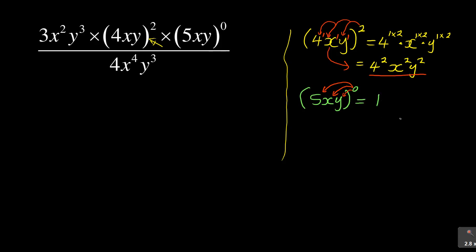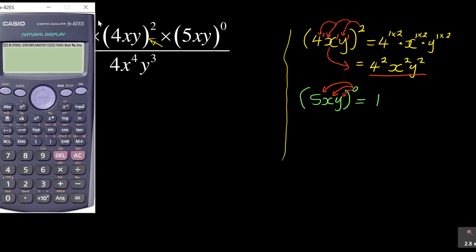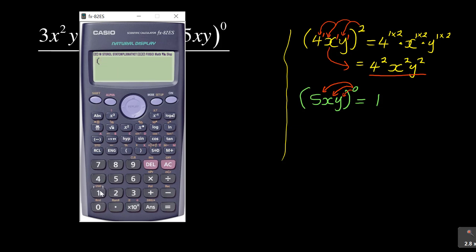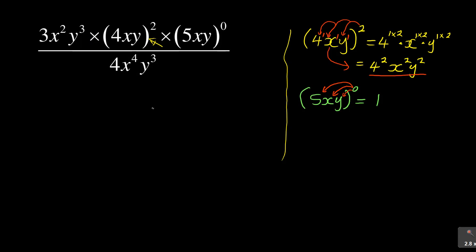So whatever the number is, I can choose, maybe I can say in brackets 1 times 5 times 9, any number, and then I say to the power of 0, it will simply become a 1. So that is what you need to know.